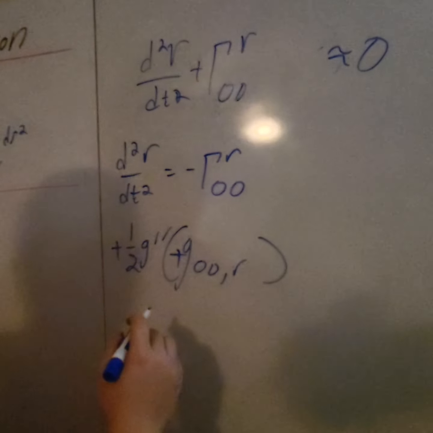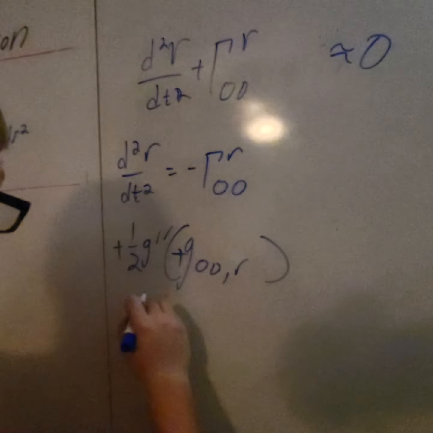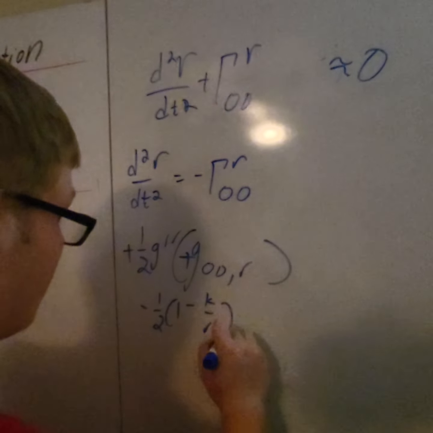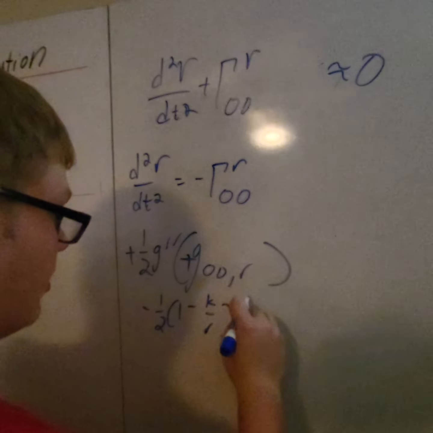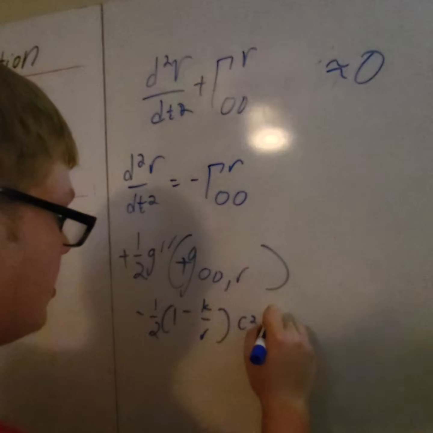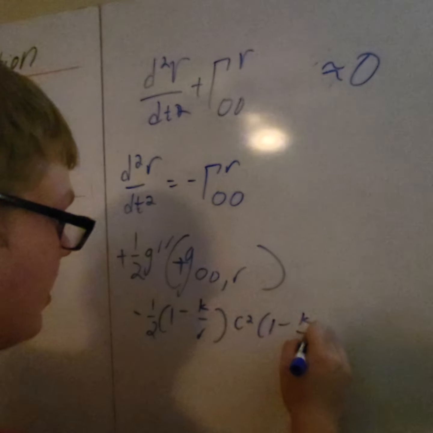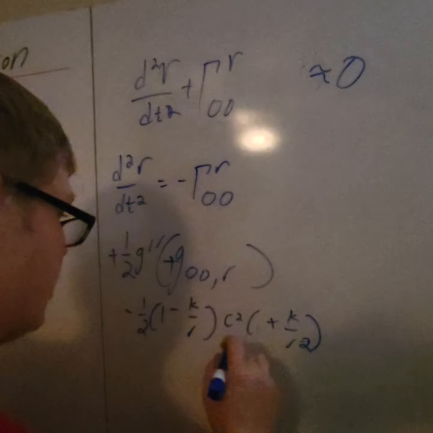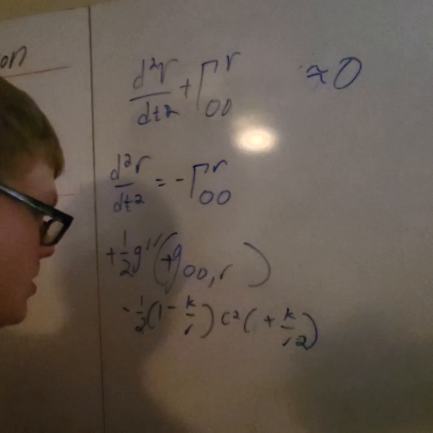So that's negative 1/2, 1 minus k over r, and c squared, 1 minus k over r, k over r squared.